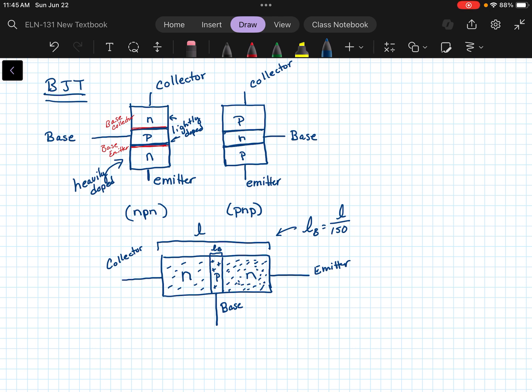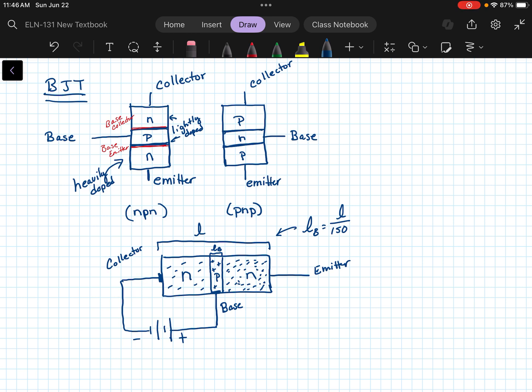Okay, so let's say we're going to positively bias each side. Positive bias means that you have the positive side of your source connected to the P-type material over here, and the negative side of the source connected to the N-type material over here.